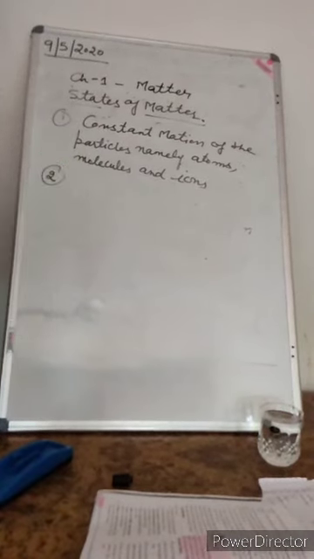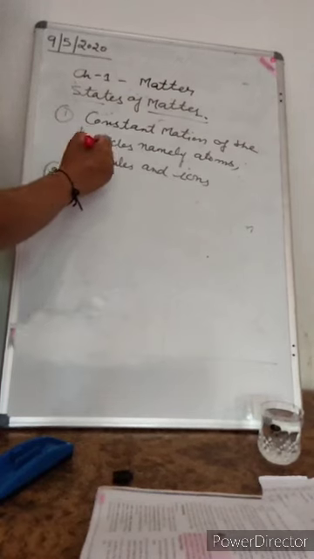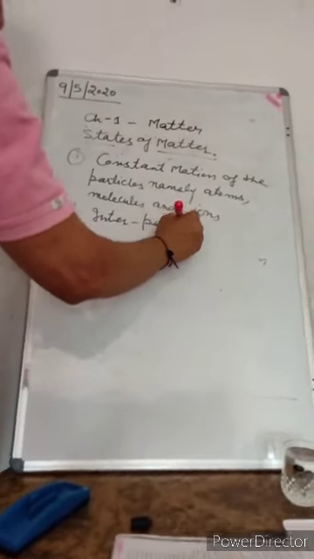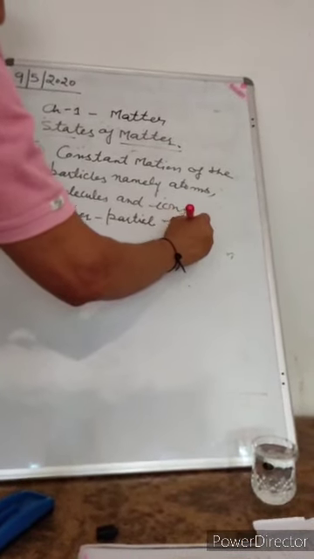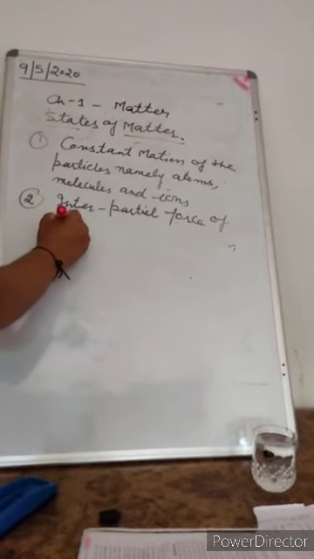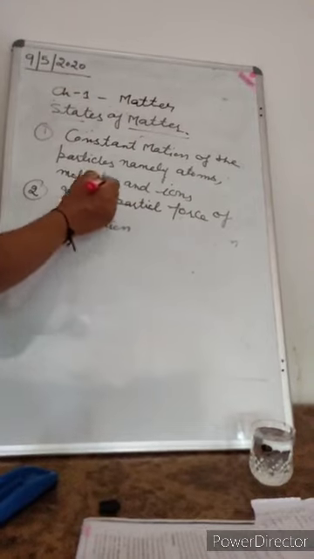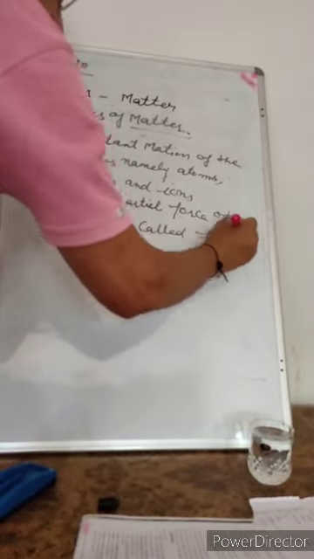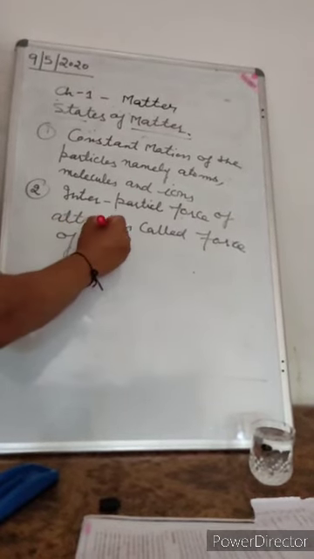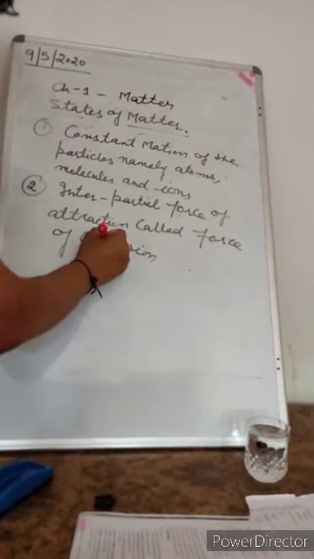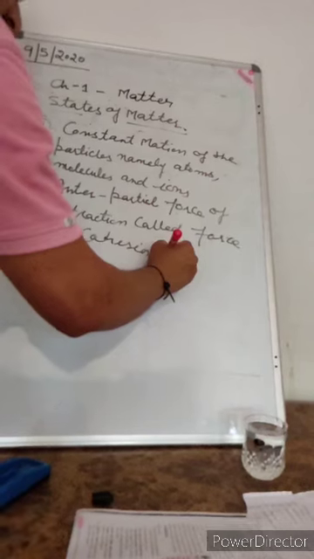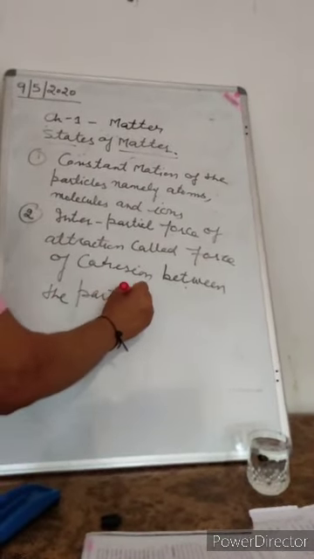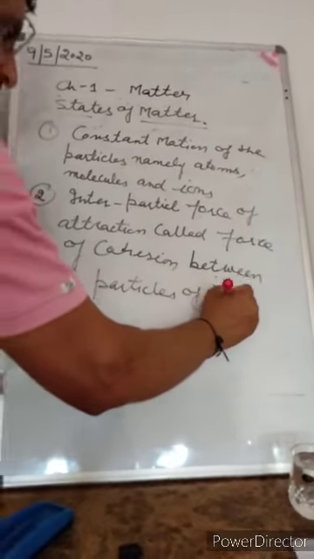And the second factor is the particle force of attraction, called force of cohesion, between the particles of the matter.